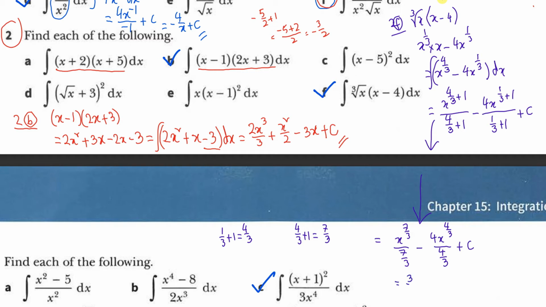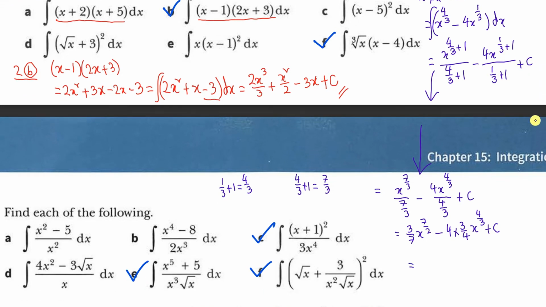This we can write 3 by 7 because it is a division, that below 7, minus this one is 4 into 3 by 4, we need to write as a reciprocal, x to the power 4 by 3 plus c. So finally you can write 3 by 7 x to the power 7 by 3. We can cut out 4 and 4, then it is minus 3 x to the power 4 by 3 plus c. And this is our answer of this question.